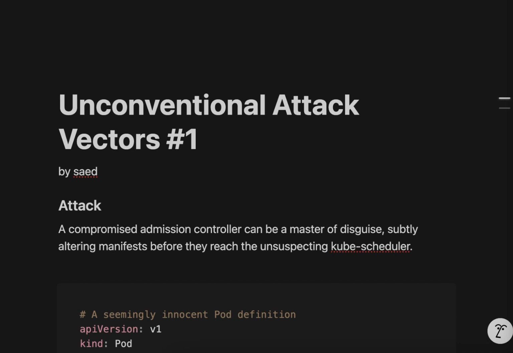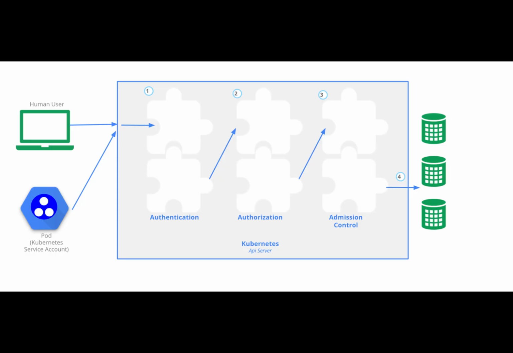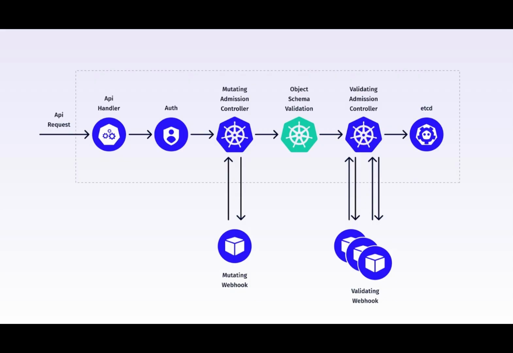With Kubernetes, there's actually another layer to security, and that's admission controllers. Kubernetes has this pretty neat way of adding an extra layer of security with admission controllers, specifically two kinds: we have validating and we've got mutating.